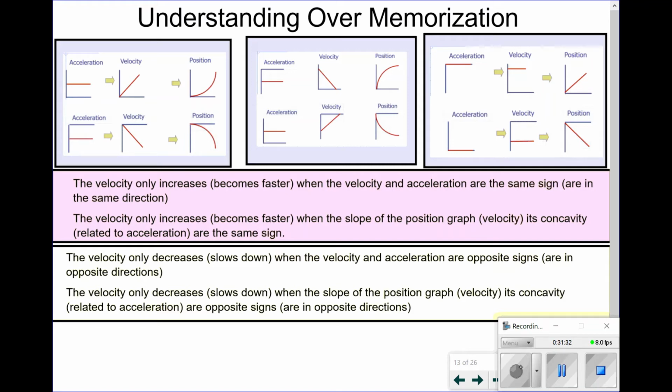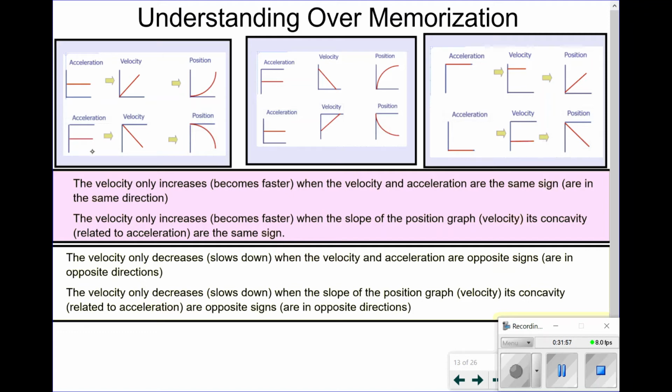Velocity only decreases, it only slows down, when acceleration and velocity are in opposite directions, which means they are opposite signs mathematically. Looking at a position versus time graph, that means that the slope and its concavity are opposite signs. Understanding that makes your life so much easier.